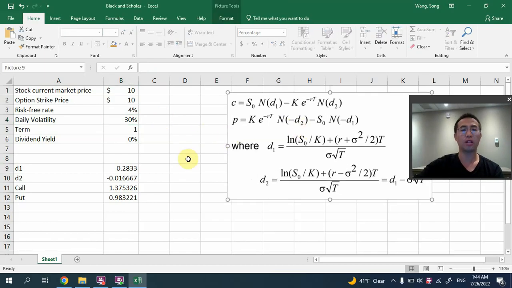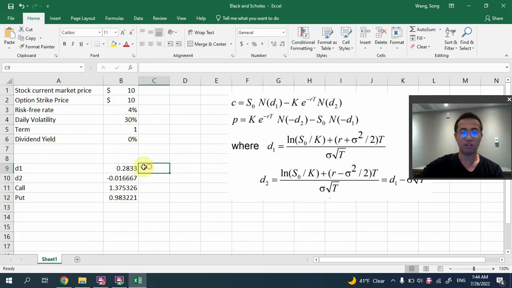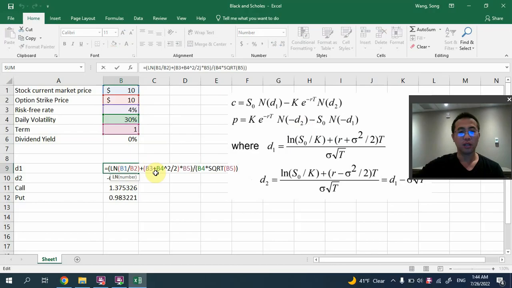So the number one thing you need to estimate, you can just follow my step here, is to use the ln, the natural logarithm of this current price divided by the strike price of the option, no matter for call or for put. You're gonna solve for D1 and D2, the threshold for the normal distribution probability.